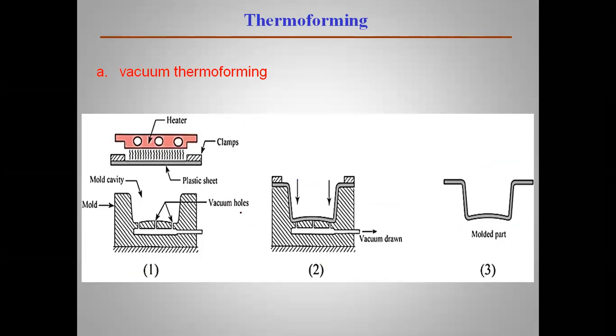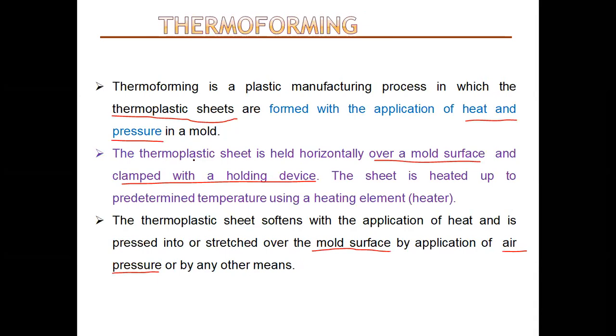The sheet is heated on one or both sides at a distance of around 125 mm, and the duration of the heating cycle needed to sufficiently soften the sheet depends on the polymer, its thickness and color. The method by which the forming step is accomplished can be classified into three basic categories.